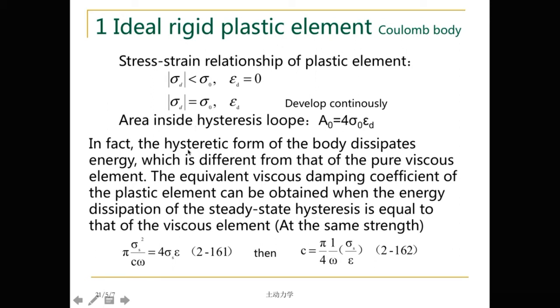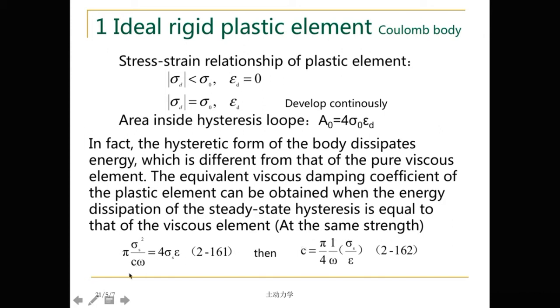In fact, the hysteretic form of the body dissipates energy, which is different from that of the pure viscous element. The equivalent viscous damping coefficient of the plastic element can be obtained when the energy dissipation of the steady state hysteresis is equal to that of the viscous element at the same strength condition.